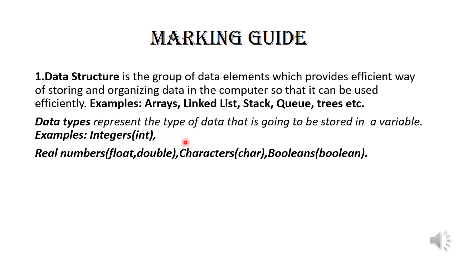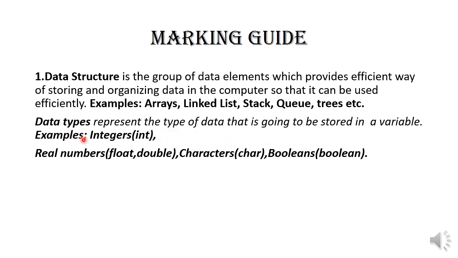We know that we have different types of numbers. We have integers, we have real numbers, and so on. So data types are used to show the types of data that the variables should store, or the different operations which can be performed on those variables.